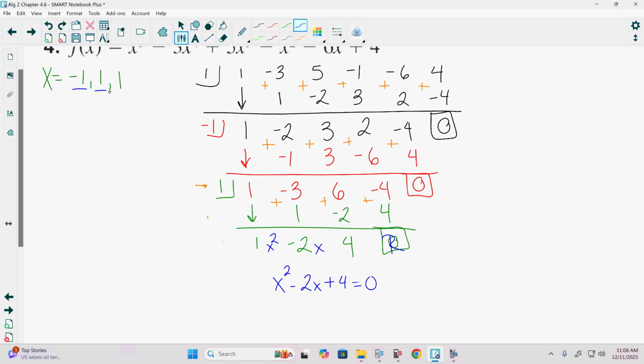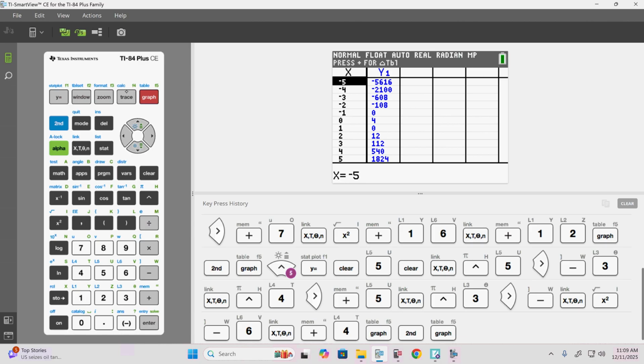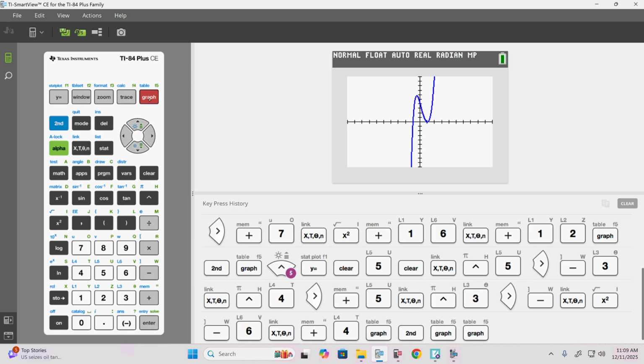Well, I need my third one, and based off the graph back up, since it touched the x-axis, it looks like it touches the x-axis and goes back up. It means the number of zeros at that point should be an even amount. So it should show up twice. And it does. That means we really could have, instead of doing negative 1 second, we could have done positive 1 and then negative 1 last.